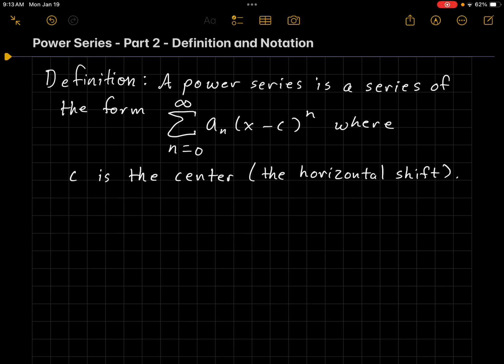In the last part, we saw some power series, which I will rewrite for you here. We saw that 1 over 1 minus x equals 1 plus x plus x squared plus x cubed forever, under certain conditions. And the condition we saw was that this was true for x between -1 and 1.